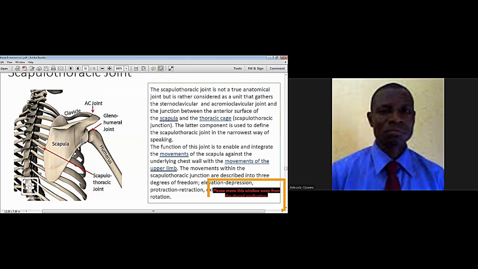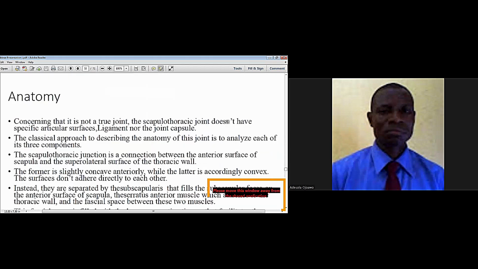I put here the anatomy, which I think some of us may be interested in. The true joint doesn't have specific articulation, ligaments, or joint capsule. There's no ligament, there's no joint capsule. God is good.